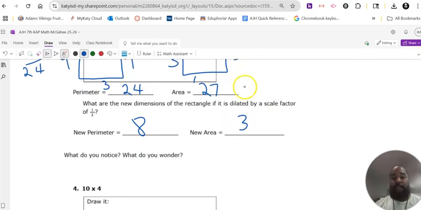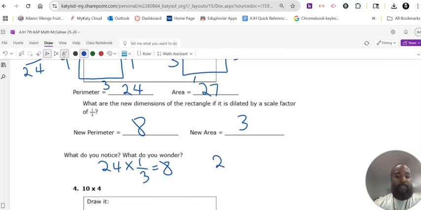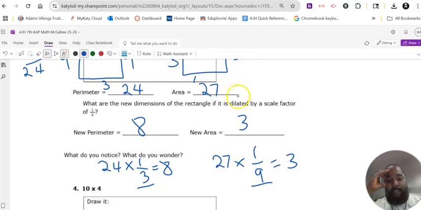So we notice now that our perimeter scale factor, we can see that 24 times 1/3 is equal to 8, but 27 times 1/3 is not equal to 3. 27 times 1/9 equals 3. Okay, so once again, we're looking at something that's happening to our scale factor where it looks different.